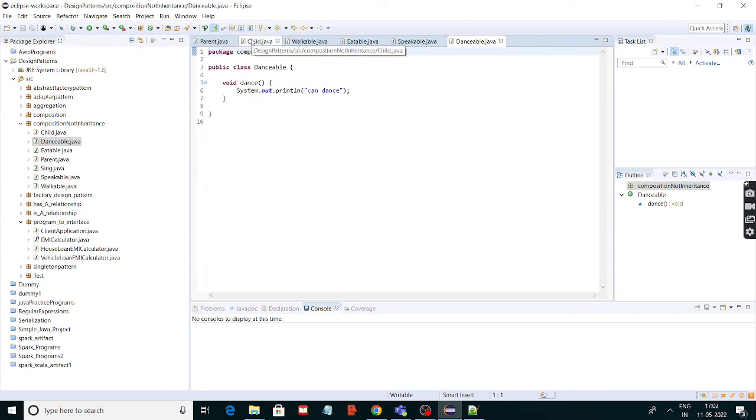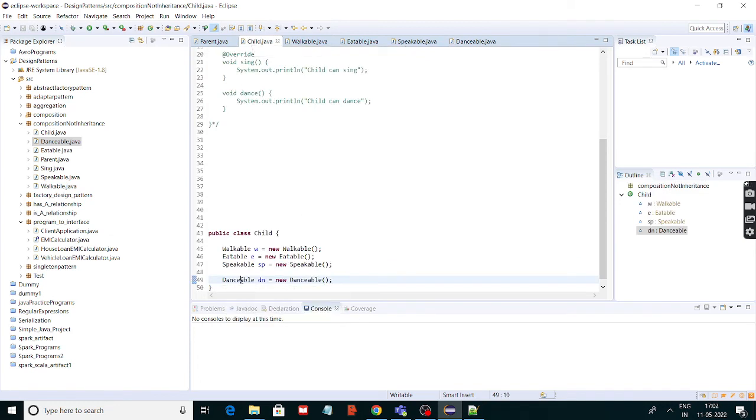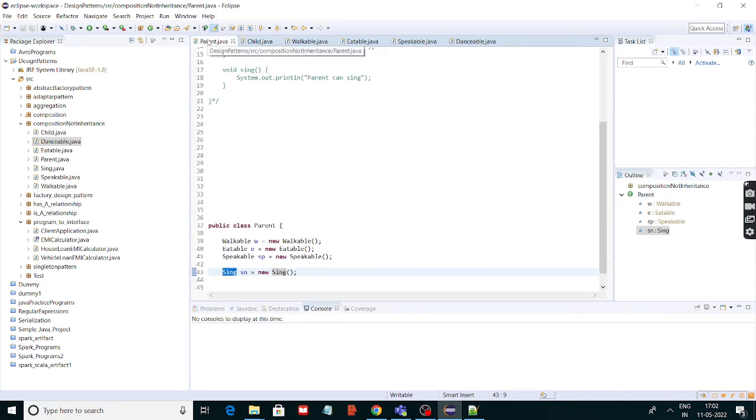So the child has the object of this danceable. Because the child is interested in dancing doesn't mean that the parent should also dance, because these two are independent classes and have composed their own set of behaviors.